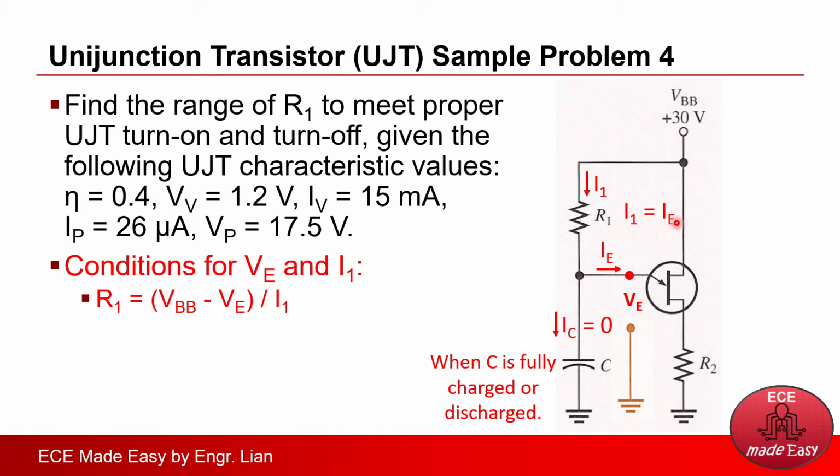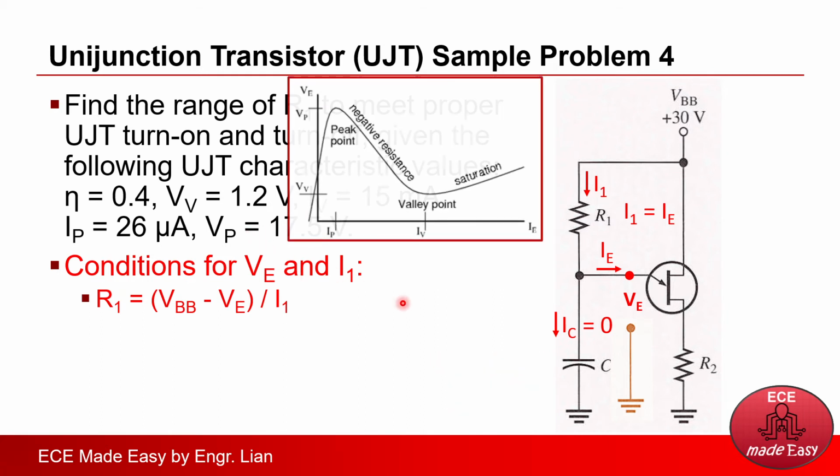The emitter current already has reference values for these conditions, which are at the valley point and the peak point. If we recall the characteristic curve of a UJT, which is shown here, VE ranges from VB to VP, and IE could range from IP to IV.